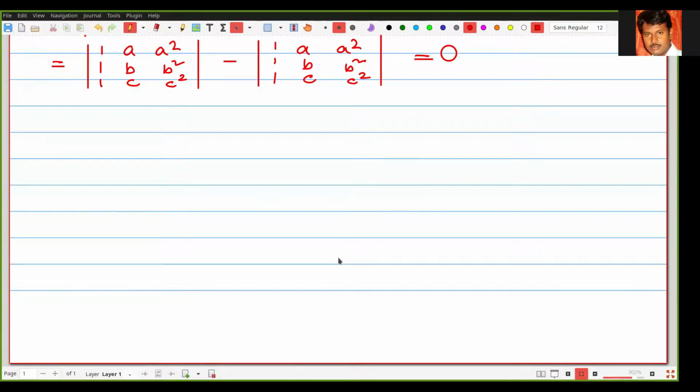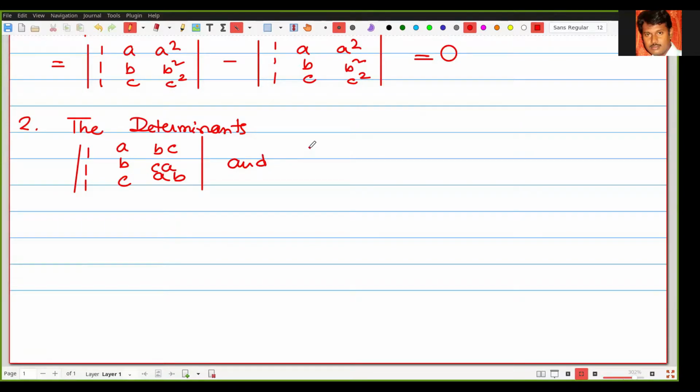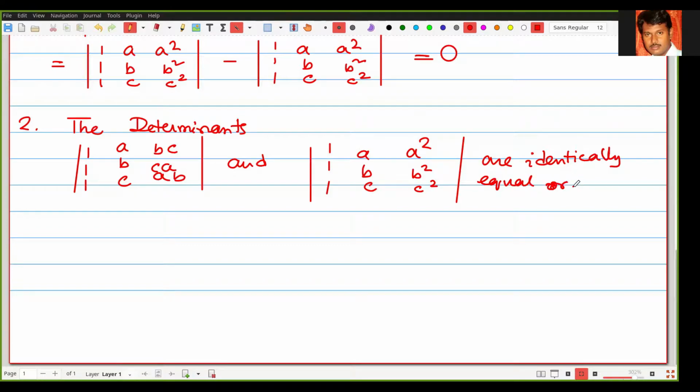Second question. Second question is: the determinants 1, 1, 1, A, B, C, BC, CA, AB and 1, 1, 1, A, B, C, A square, B square, C square are identically equal or not.